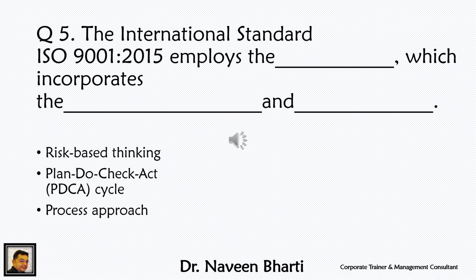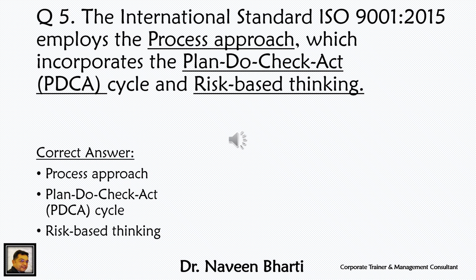You may have the fill in the blanks or drag and drop kind of questions for few statements, and here the statement for you is: the international standard ISO 9001:2015 employs the dash, which incorporates the dash and dash. This international standard ISO 9001:2015 employs the process approach, which incorporates the PDCA cycle and risk-based thinking.